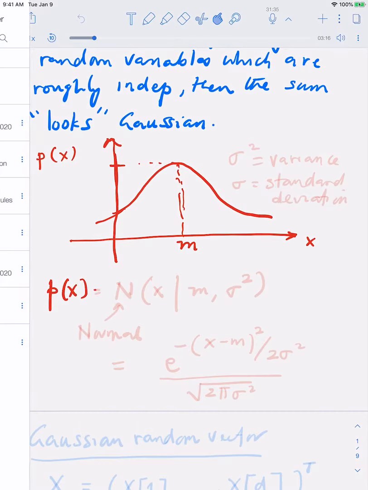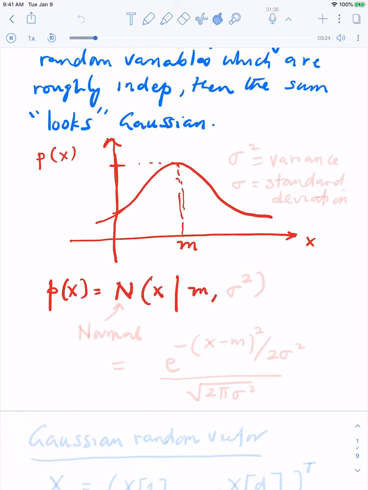It's p of x, and I'm going to denote it in this way: n of x given m and sigma squared. So basically it's saying that a Gaussian random variable is often also called normal. So the n is for normal. A normal density with mean m and variance sigma squared.